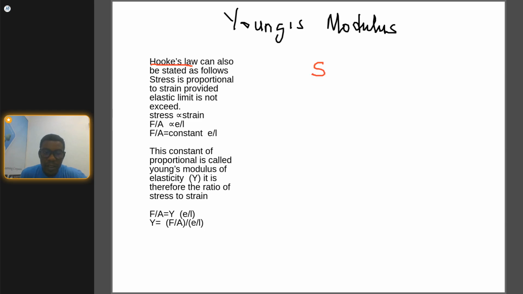Stress is proportional to strain. Okay, now to avoid confusion, let's use other alphabet to represent that, or better still, write it in full. Stress is proportional to strain, provided that the elastic limit is not exceeded.